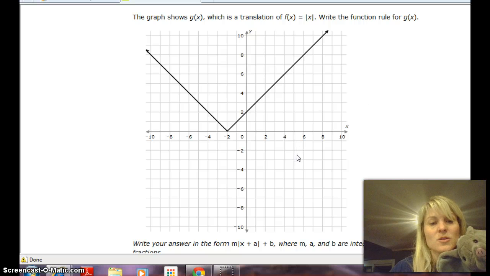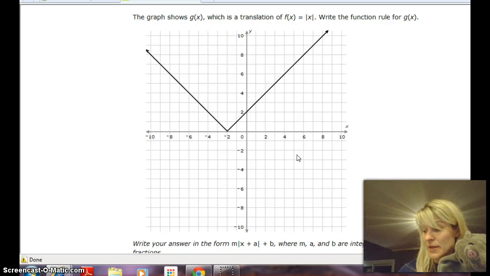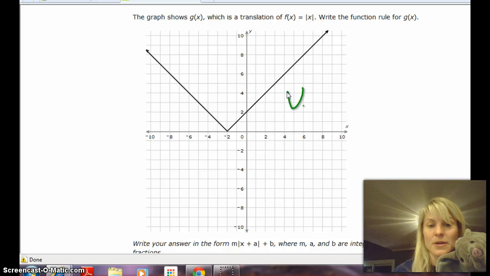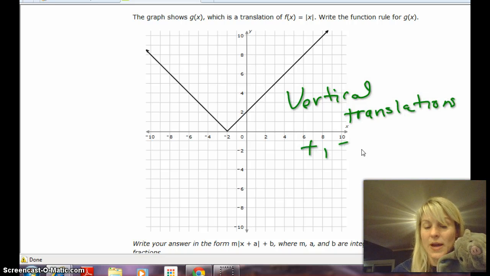Okay. So basically what you want to remember is for vertical translations, let's just write this little note down. For vertical translations, we're going to add or subtract the units it went up and down.